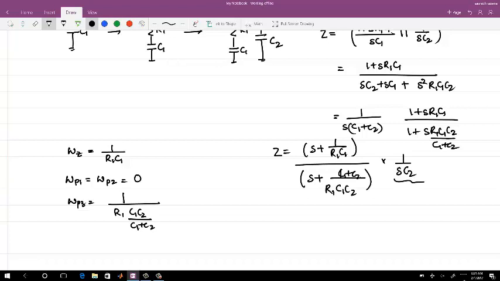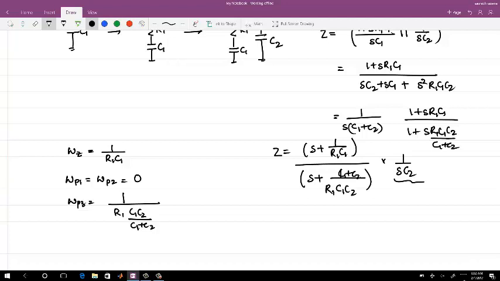Okay, so now you see very well that omega z is before omega p3. But it should not be before omega u also, otherwise you do not have the stability.